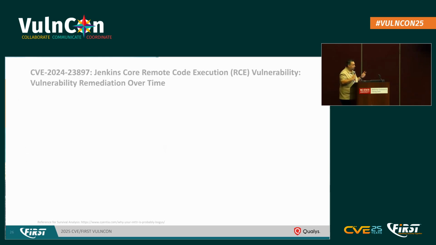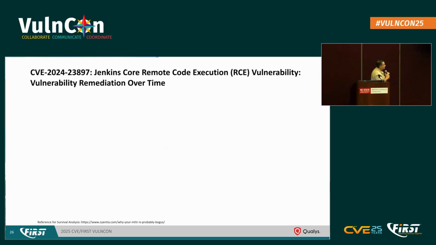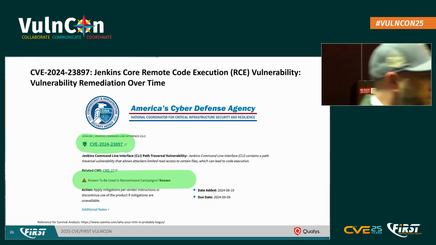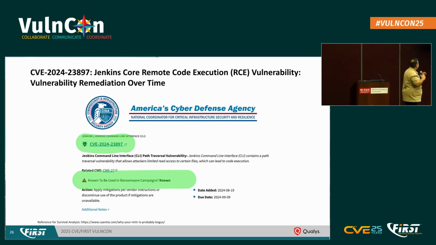We can take a look at it later. We took 2 of those CVEs out of 62, and we looked at how they are being fixed. And this is the result. First of all, this CVE in Jenkins, CISA added it to their CISA KEV.